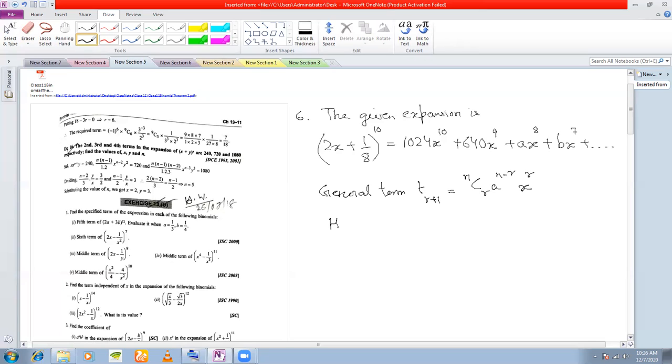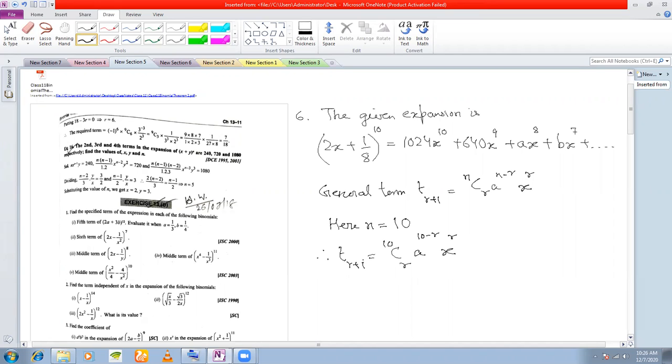So here what is n? Here n is 10, right? So therefore what should be t r plus 1? 10Cr a to the power of 10 minus r x to the power of r. This is your general term.